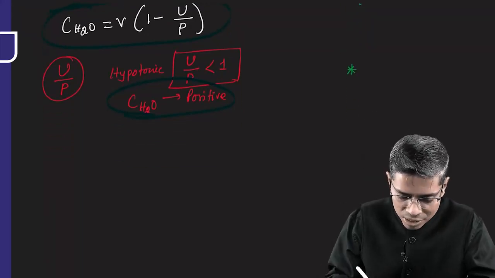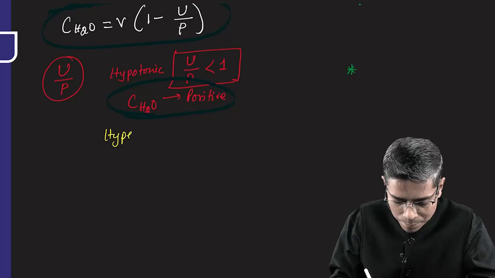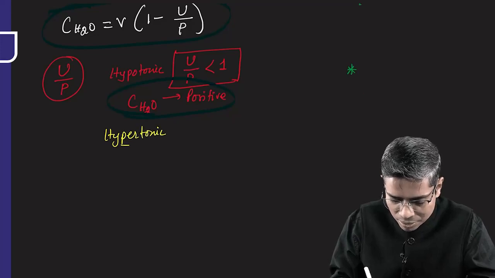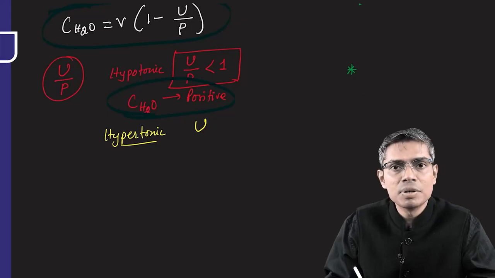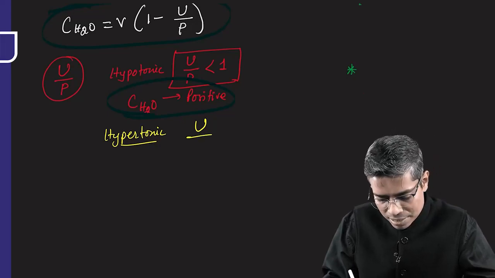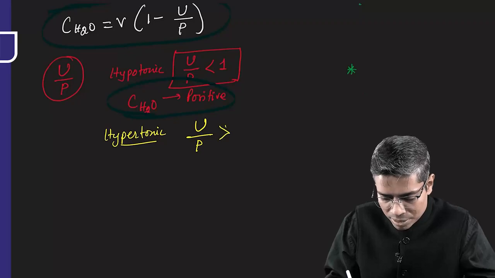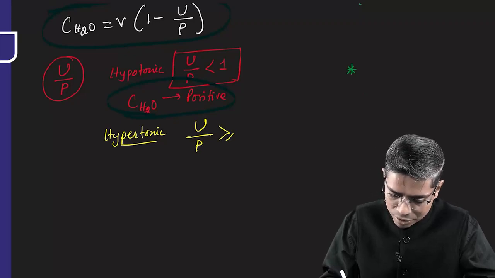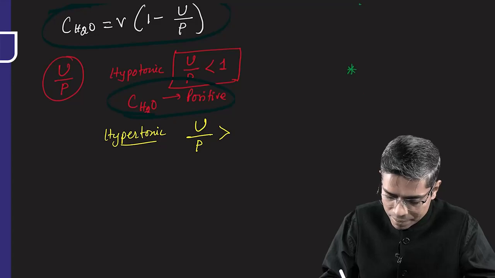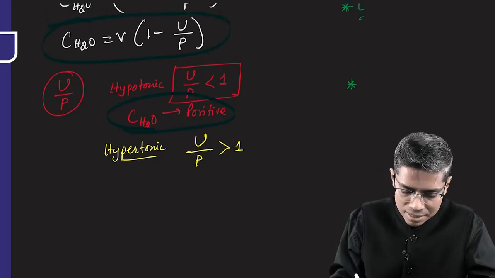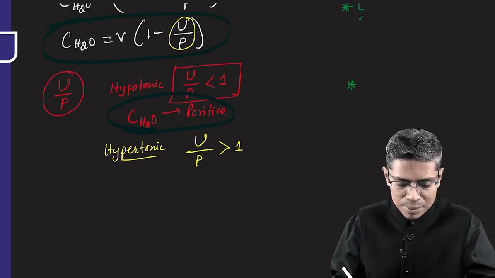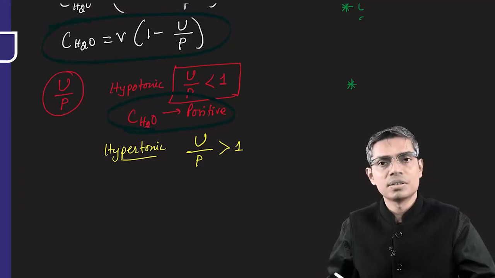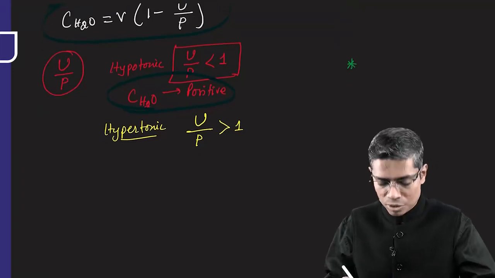Similarly, whenever your urine is hypertonic, urine means U, the urinary concentration of solutes, is greater than P, so the ratio will be more than 1. Whenever it is more than 1, I can easily understand that the whole CH2O will be negative.